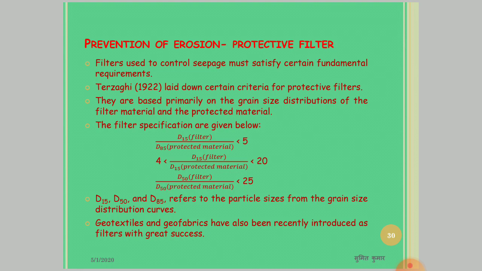The ratio of D15 of filter and D15 of protected material should lie between 4 and 20. And the last specification is D50 of filter divided by D50 of protected material should be less than 25. D15, D50 and D85 refer to the particle sizes from the grain size distribution curves.